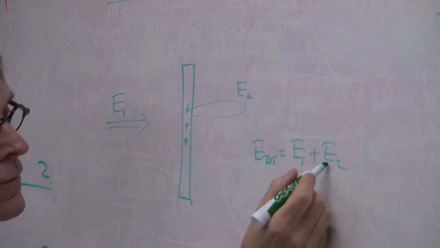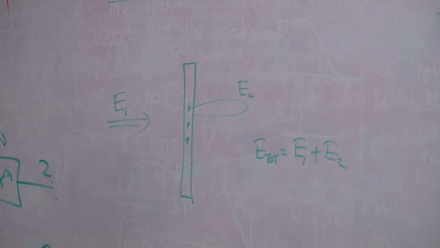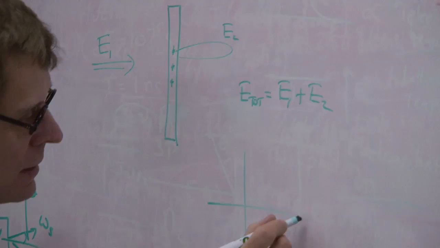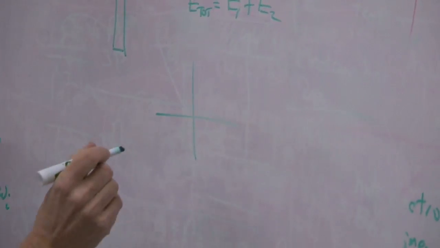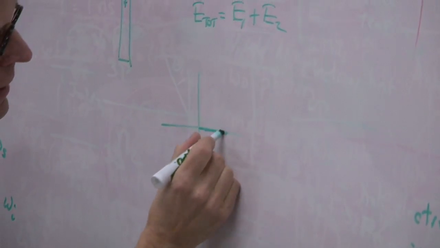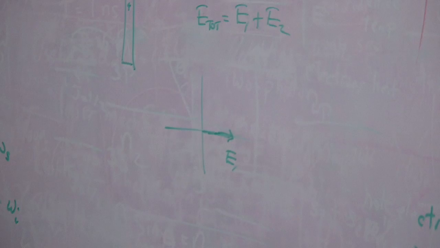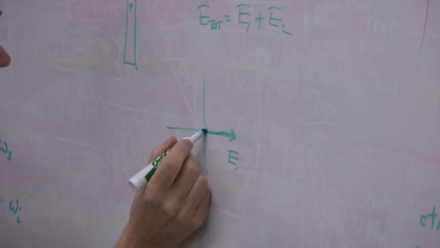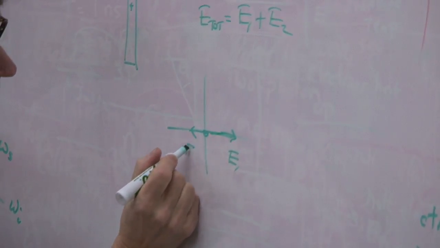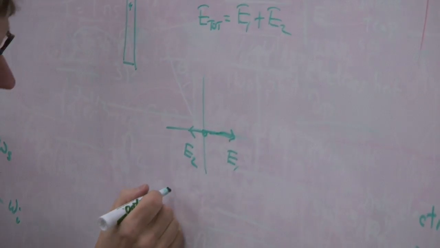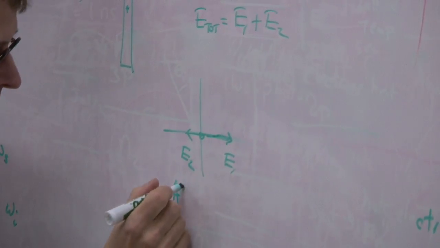So it's the interference between this and this. If you have, let's do the complex plane, and let's say that E1 lies along the positive direction, and E2 is in this direction here, then you get attenuation.